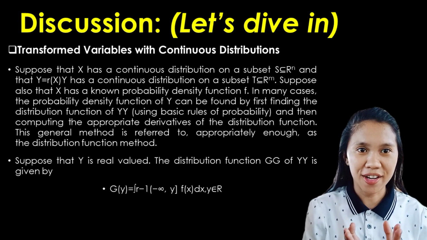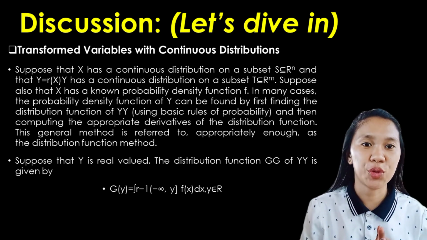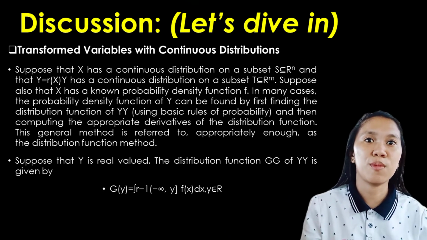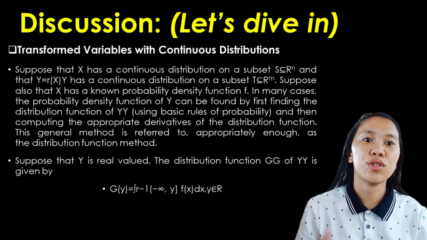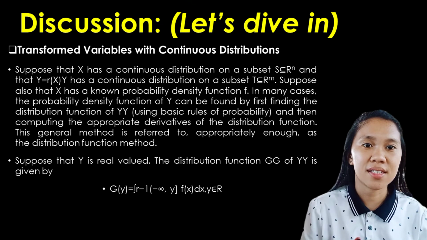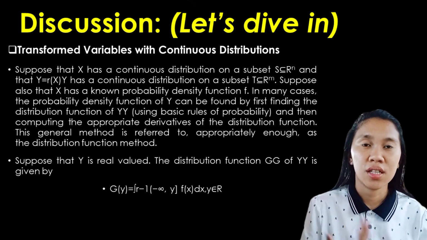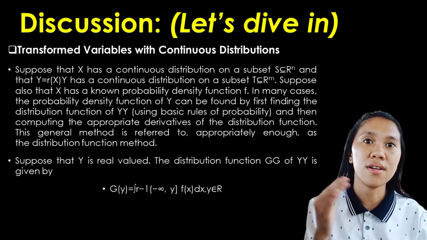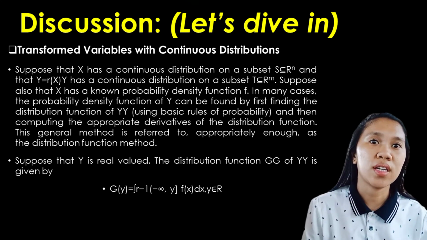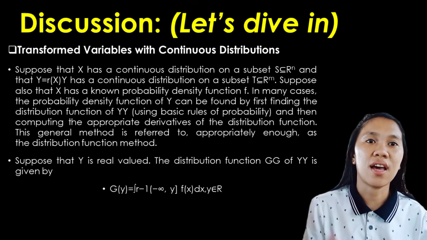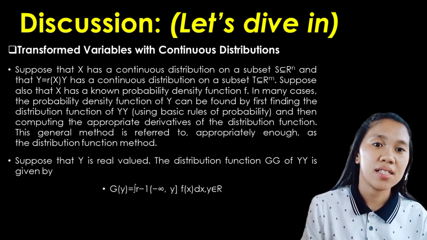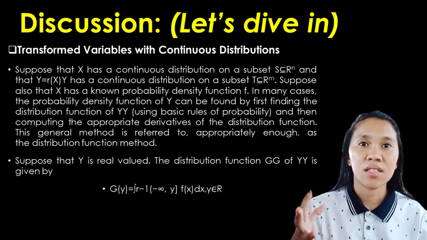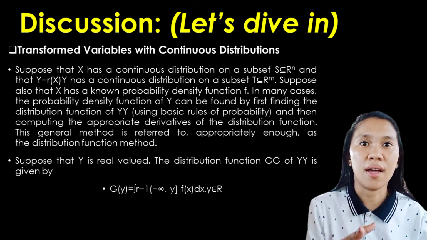Let's move on to the transform variables with continuous distribution. So when we say transform variables with continuous distribution, you will assume that x has a continuous distribution on a subset S of Rn, and that y equals r of x has a continuous distribution on a subset T of Rm.